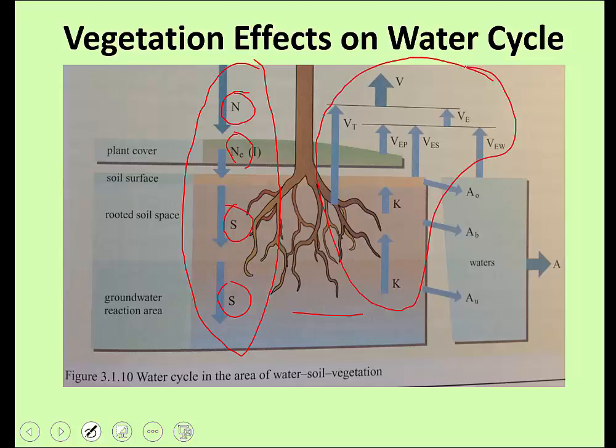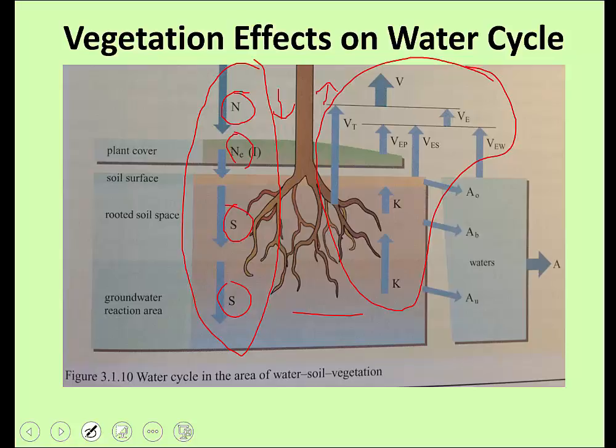So basically, all of these variables, what you're looking at is water in and water out, and making sure that they stay somewhat balanced, that we're not removing too much of the water and locking it up from a local cycle.